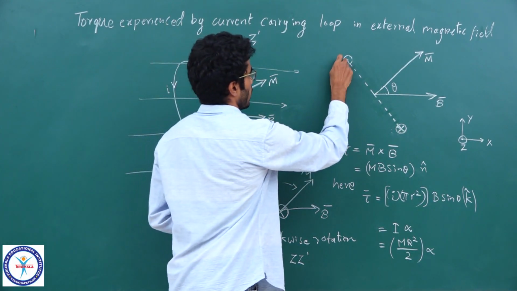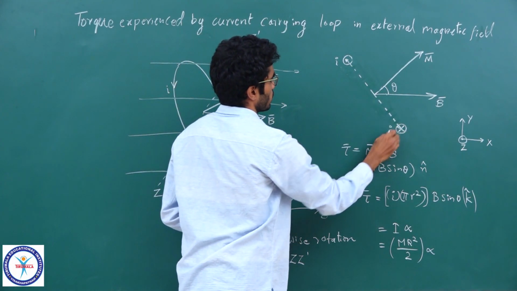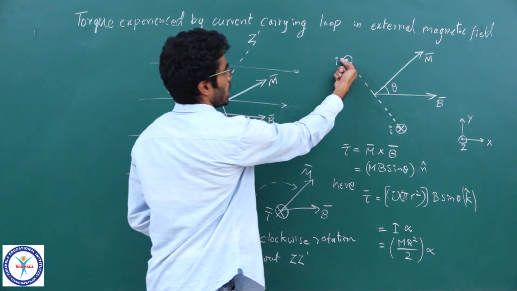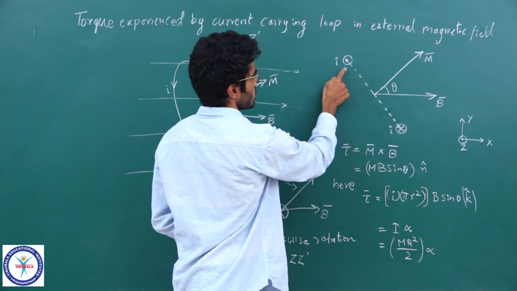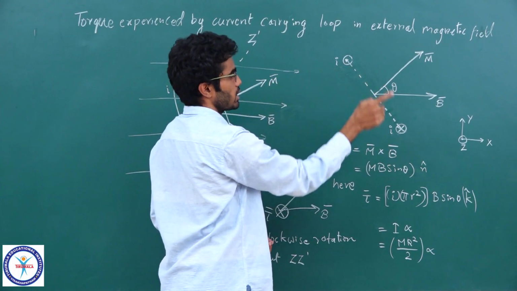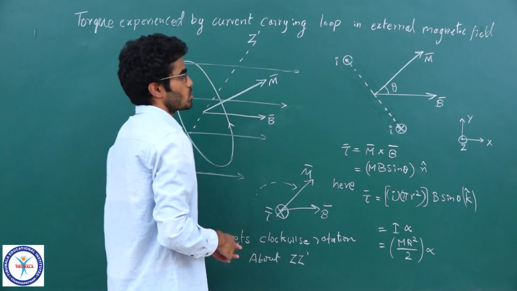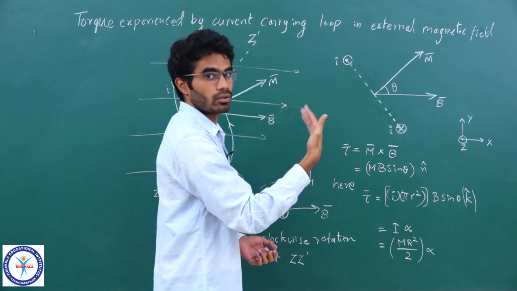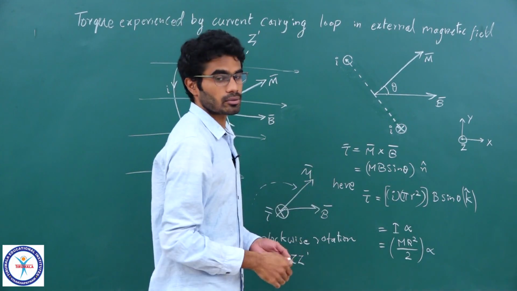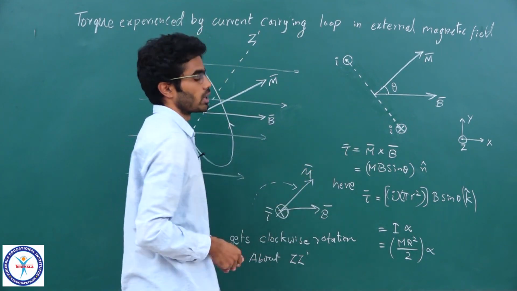So, you can represent the loop in this manner. You will be able to see it as a line, not as a ring. So, that is our dotted line here.